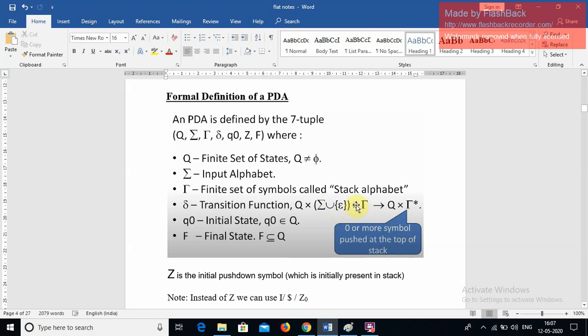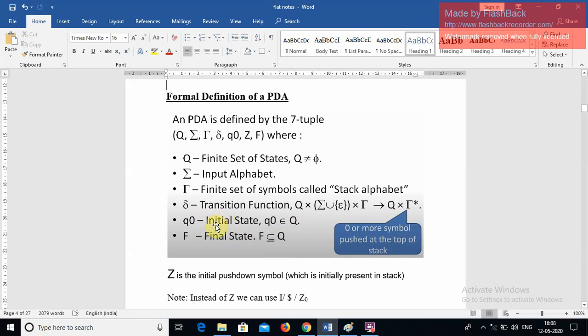When we combine all this, we transform to a new state, which is also part of the set of states, and tau star is a new symbol pushed onto the stack. We can push the new symbol as a result to the stack. The next one, q naught, is the initial state, also part of the set of states, and F is the set of final states, also part of the set of states.